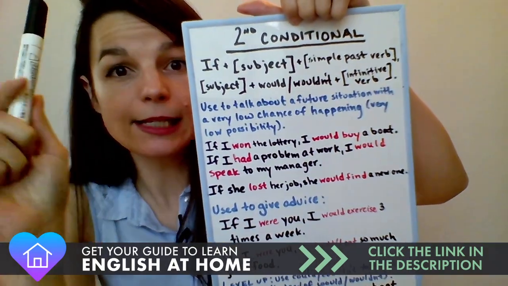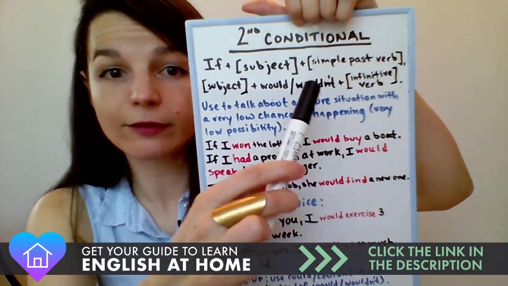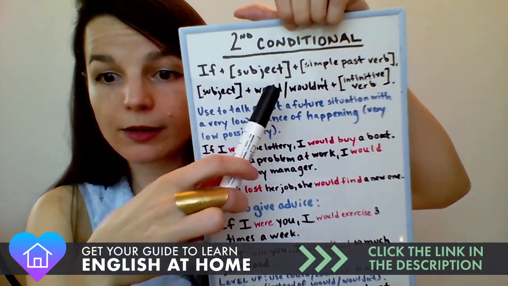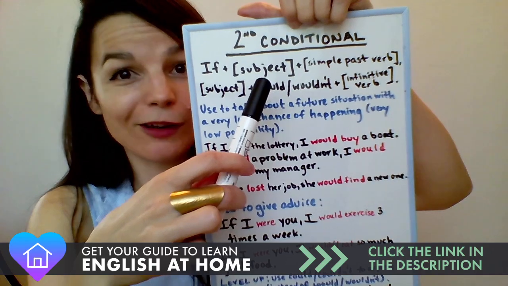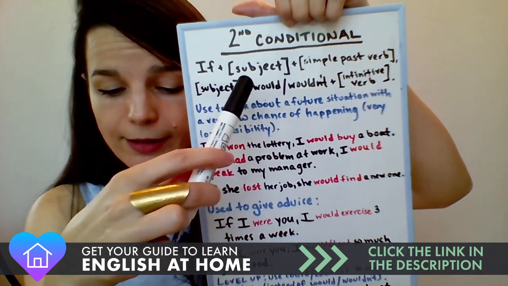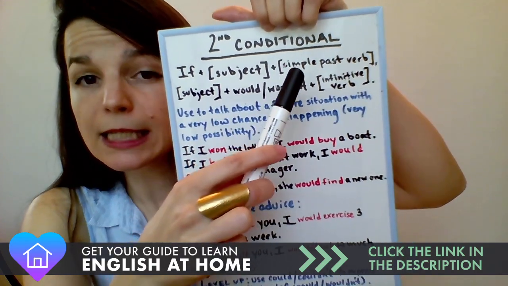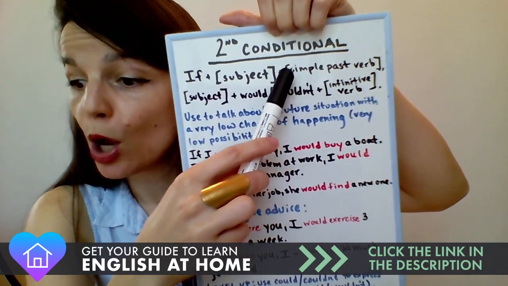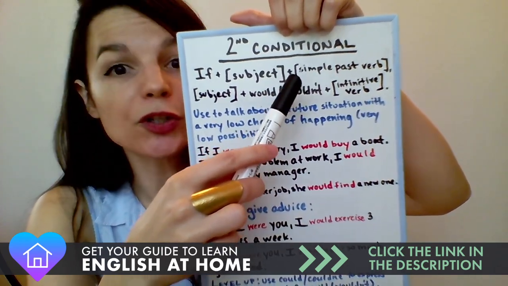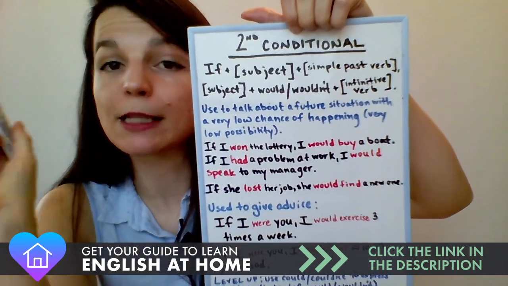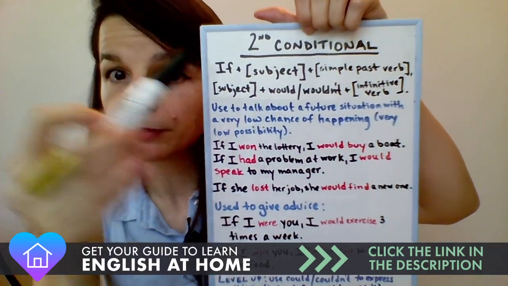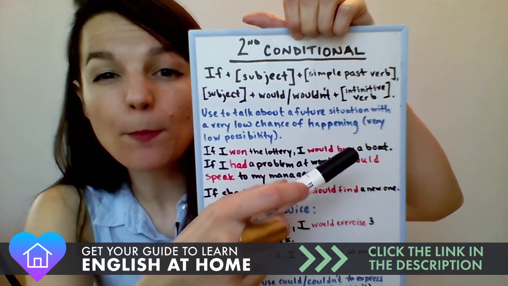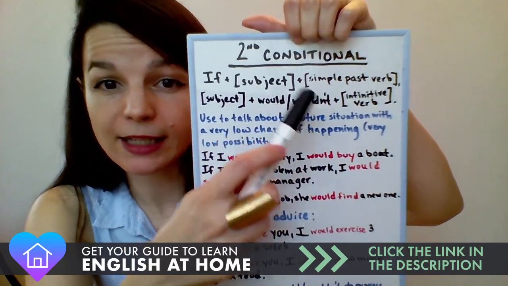When we make a second conditional sentence, we have the same pattern here. If plus our subject, and then simple past verb. So remember, when we talked about the first conditional, we used a simple present tense verb, yeah? Here, we're going to use simple past tense verb.